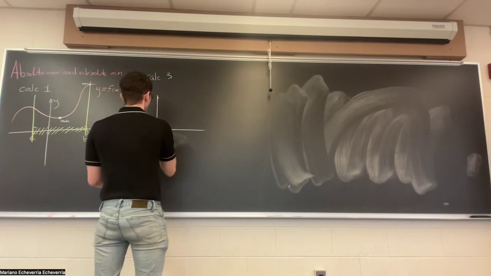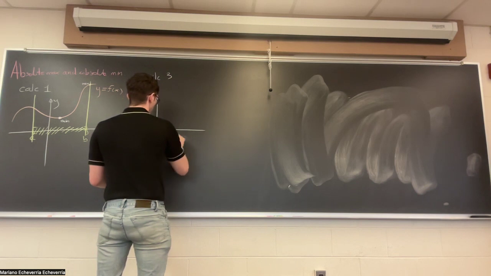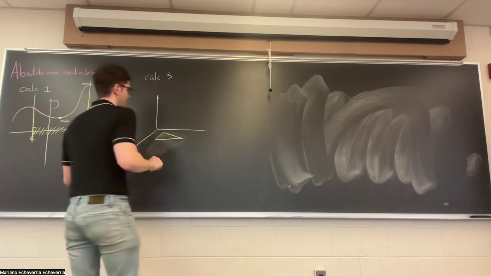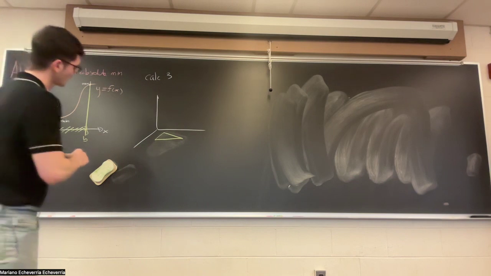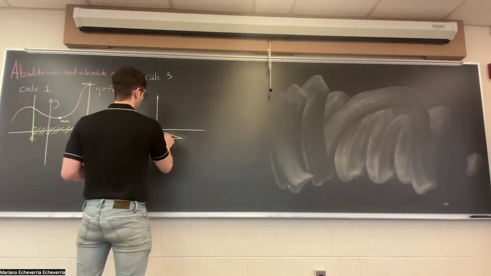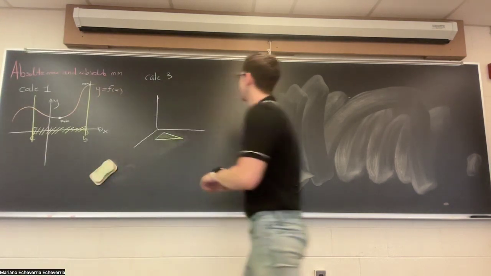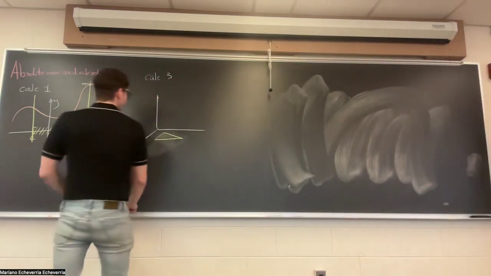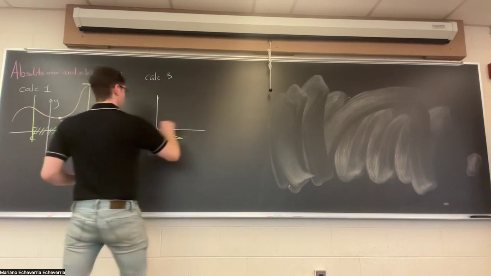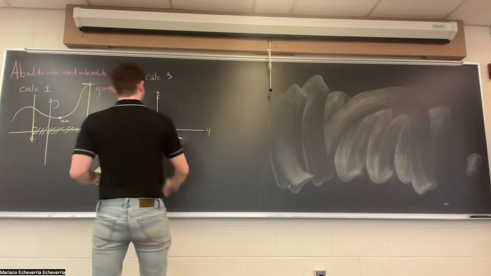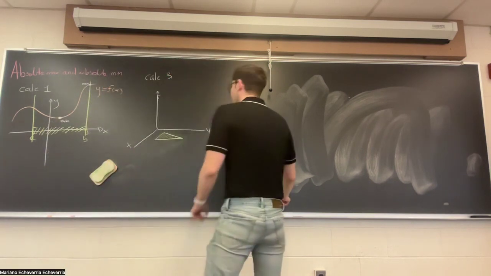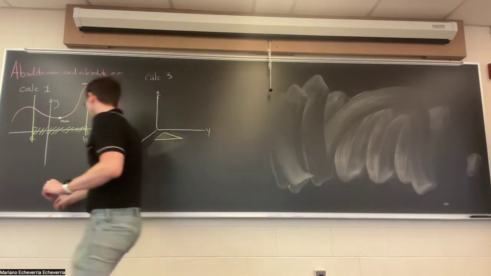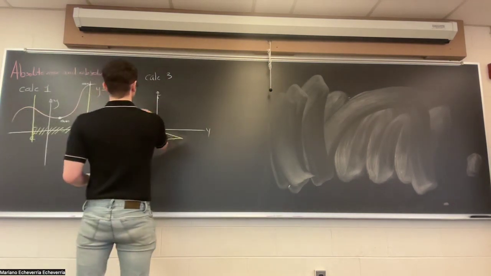So let's say that you have a triangle on the plane, including the inside, sometimes called a solid triangle. And then you have the graph of a function of two variables. So let's say.